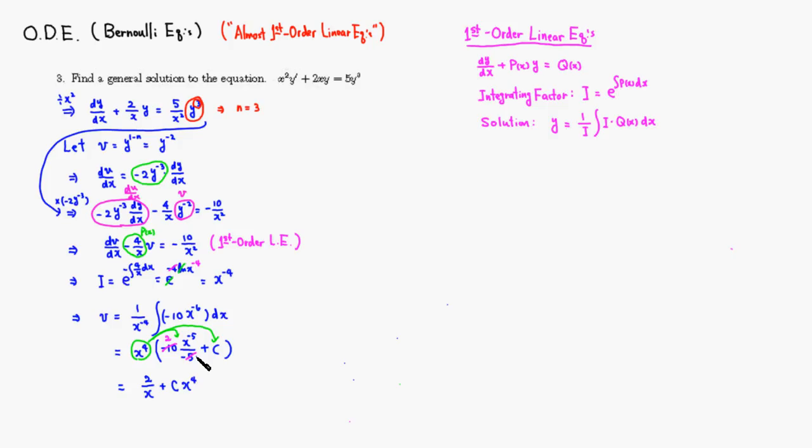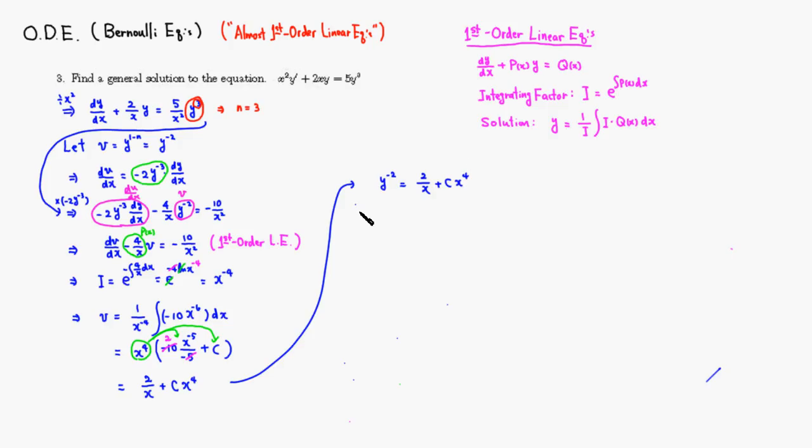All right, don't stop here. Remember that for v, there's a substitution. v is equivalent to y to the negative 2. So I'm going to go up here. y to the negative 2 is equal to 2 over x plus c times x to the 4th.